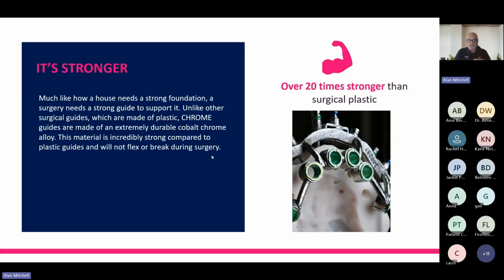Our guides are made from metal, so you'll see a lot of the stackable systems on the market can be resin based, which can flex, which can break, especially in full arch. And as you can see here with our metal guides, they're 20 times stronger than the normal guides you'll see out there on the market. So it's a really big difference to the other products that are available out there.